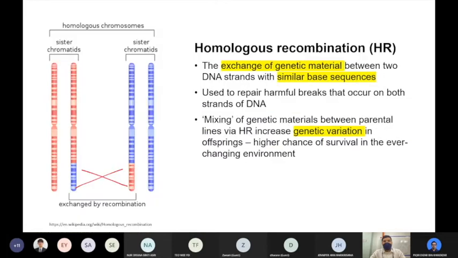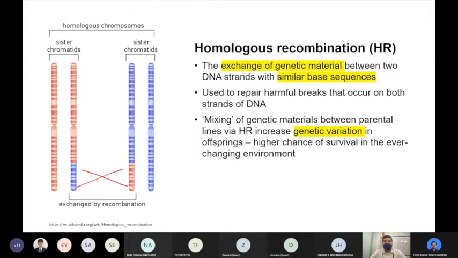Okay, so let's look at the second part of my presentation, which is on homologous recombination. So in short, homologous recombination, or HR, basically involves the exchange of genetic material between two highly similar or identical DNA sequences.